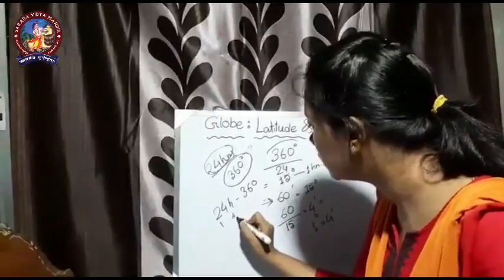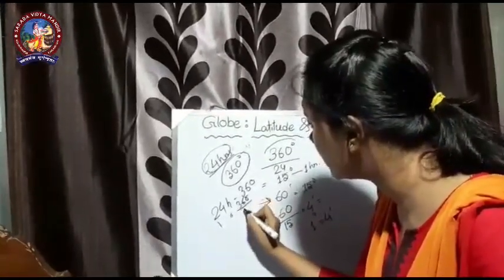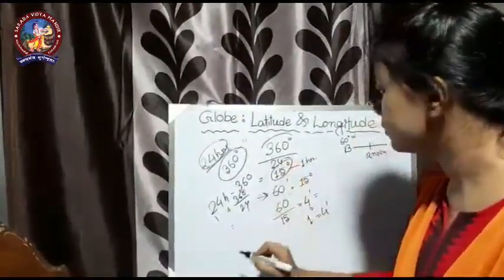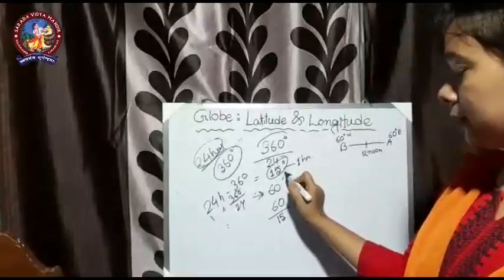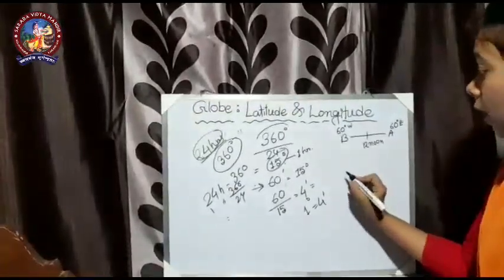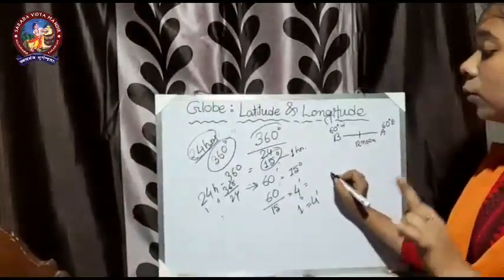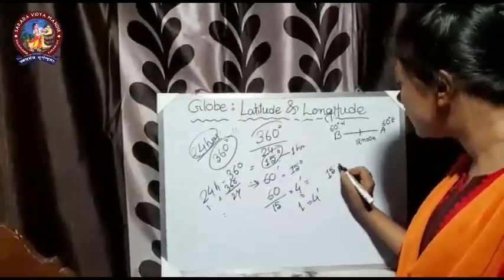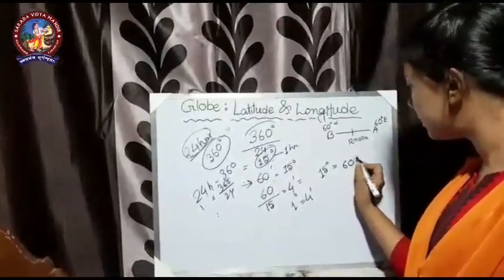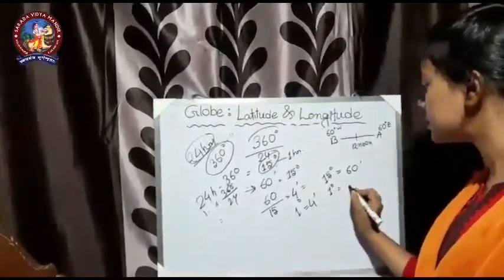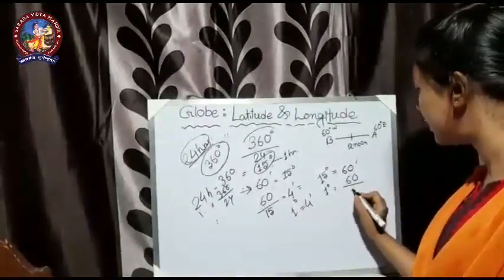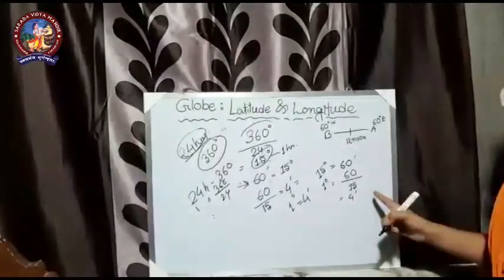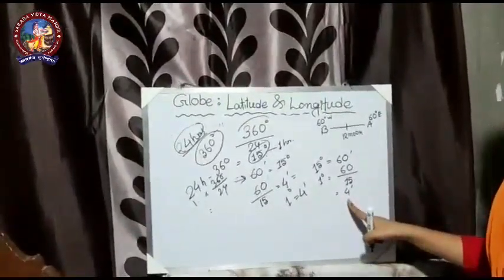For 1 hour, 360 divided by 24. Here we'll get 15 degree. 1 hour, 15 degree. Right? Now, we need to find out what? 1 degree is equal to how many minutes? 15 degree is equal to 60 minutes. So 1 degree is equal to 60 divided by 15 is equal to 4 minutes. So we get 1 degree is equal to 4 minutes.